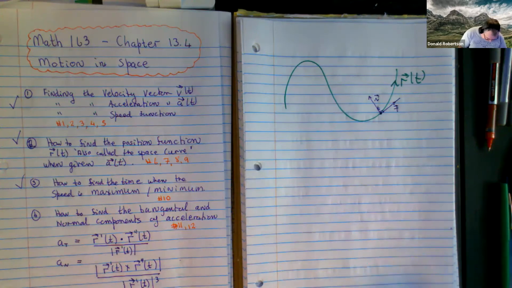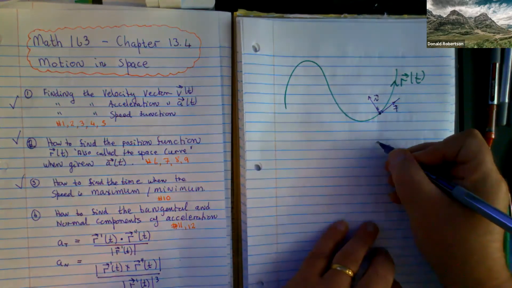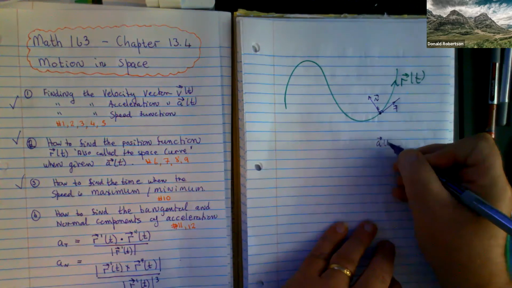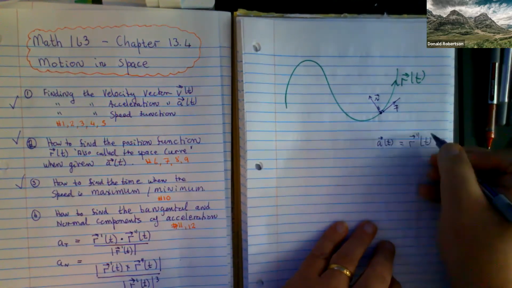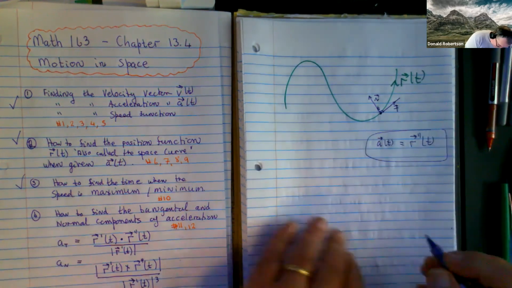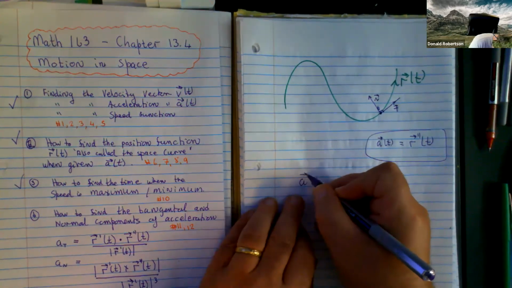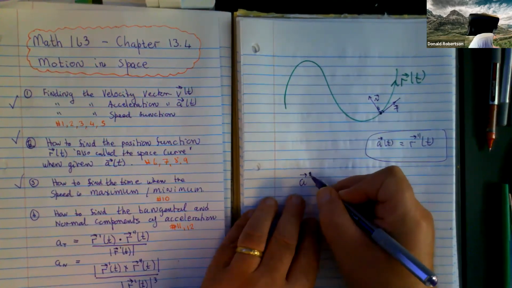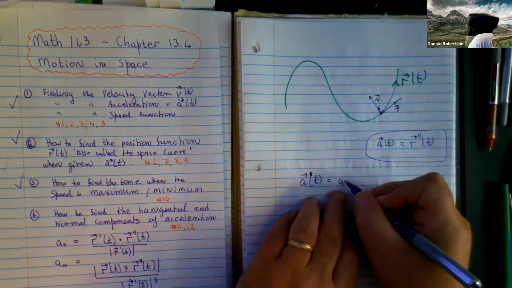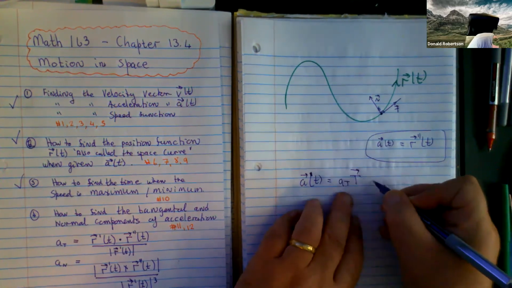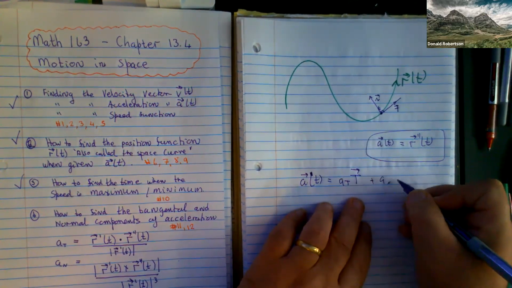Now, the acceleration vector, which we know as the second derivative, is actually made up of a linear combination of the unit tangent vector and the unit normal vector.